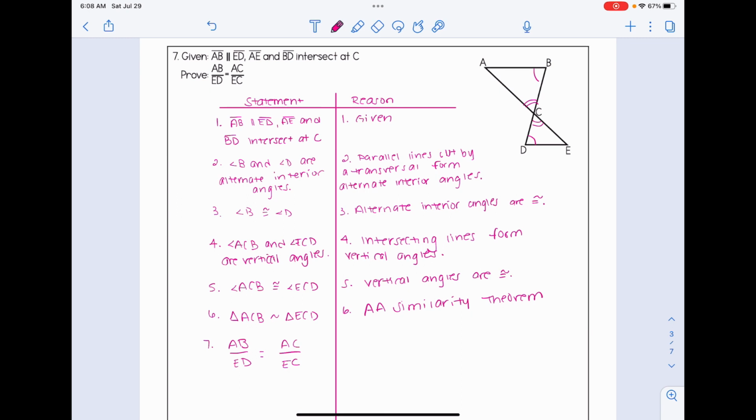Well, if you look at those sides in the picture, AB and ED are corresponding sides. AC and EC are corresponding sides. And if we know these triangles are similar, those corresponding sides must be proportional. And that's exactly what we're going to write. We're going to write corresponding sides in similar triangles are proportional.